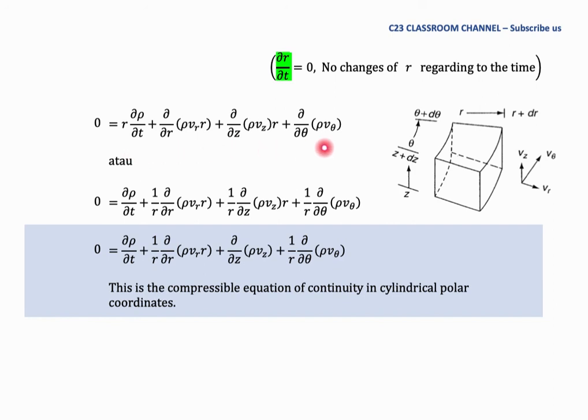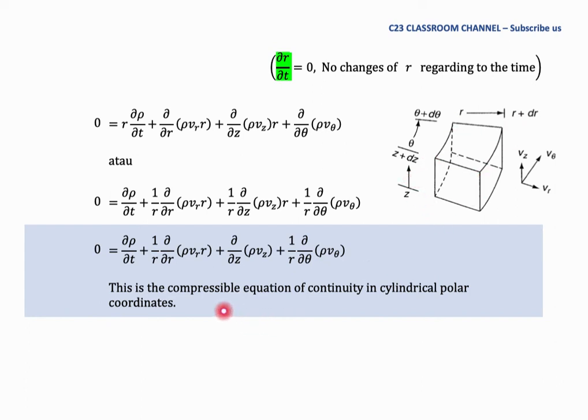So, and then we could simplify this term by dividing all terms here with r, and we get this term. And this is the basic continuity equation for polar coordinates. I hope you could remember this equation, and the best is you could derive your own continuity equation by imagining this cube and this axis.